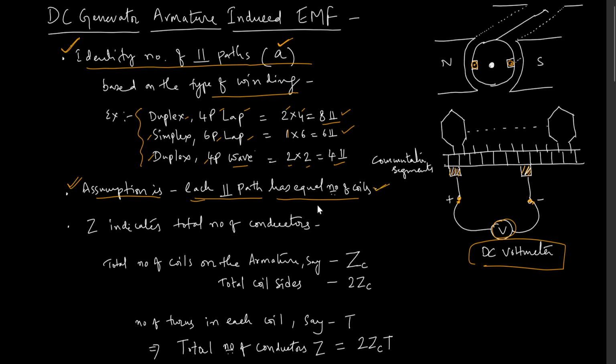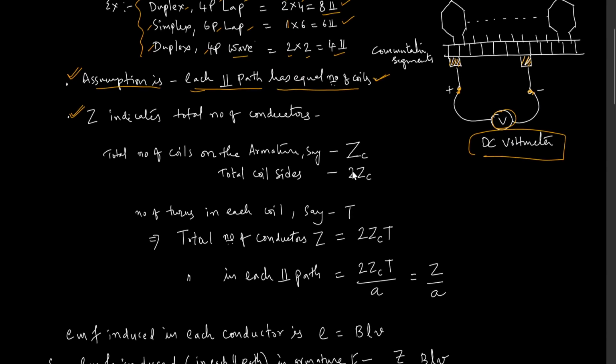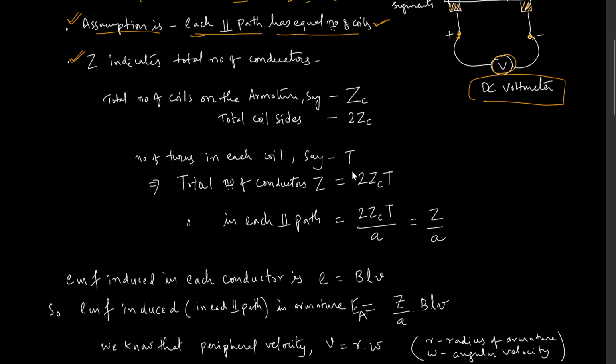And then we try to find out the total number of conductors on the armature. How do we find the total number of conductors? Say the total number of coils on the armature is indicated by Zc.